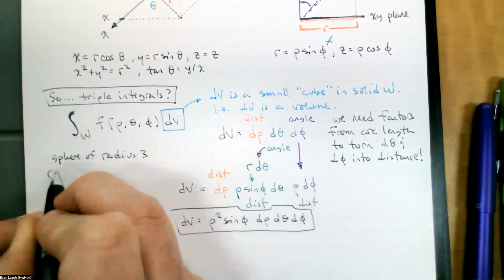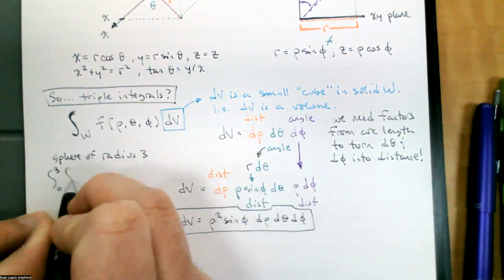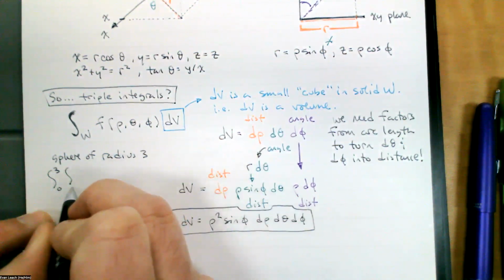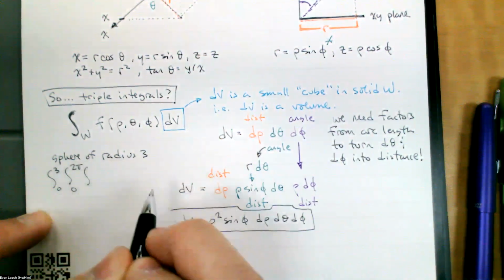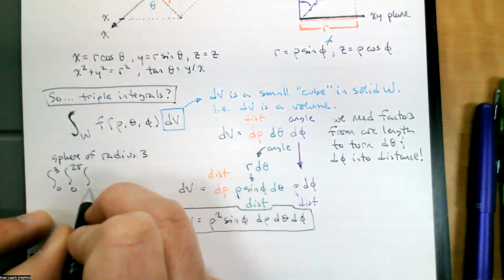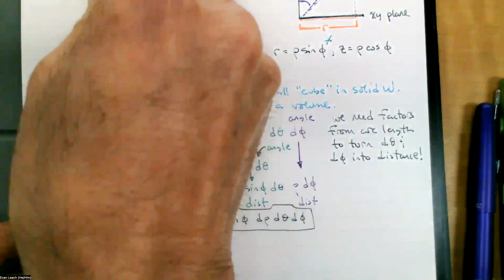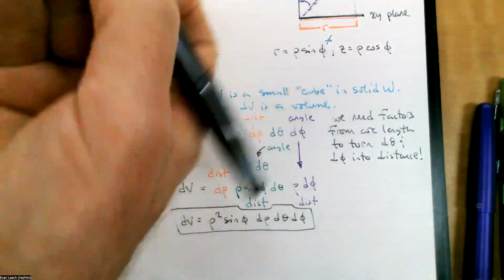Rho will go from 0 to 3. Theta will go from 0 to 2 pi. Phi will go from 0, that goes up at the top of z, and down to pi.